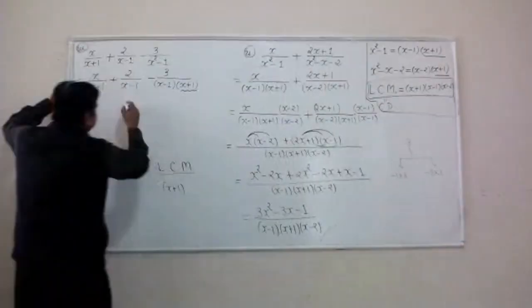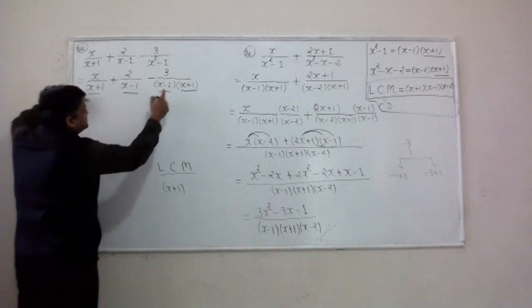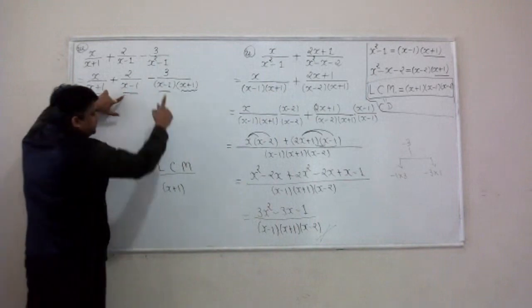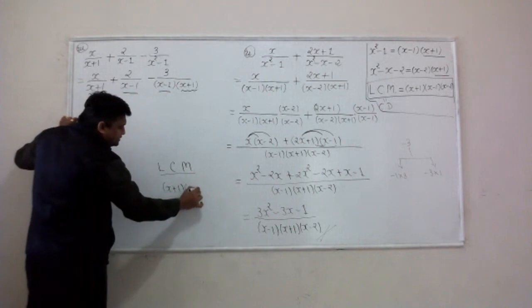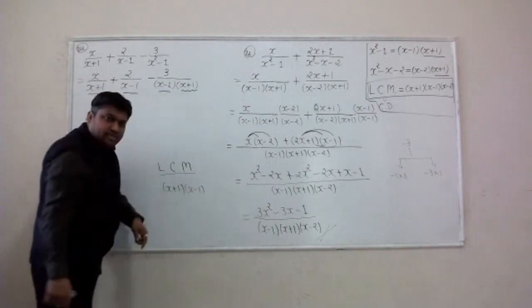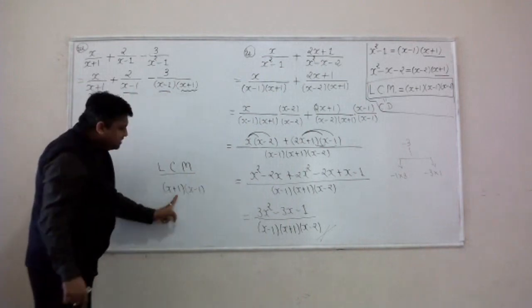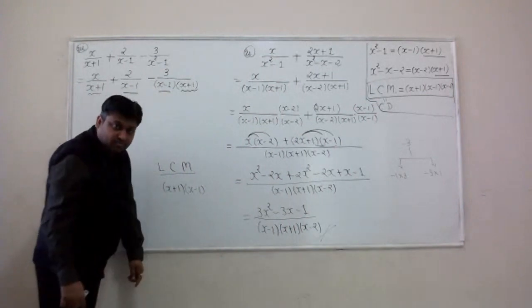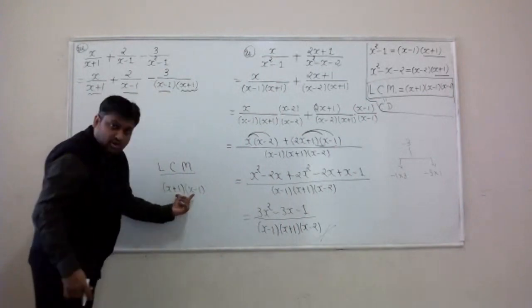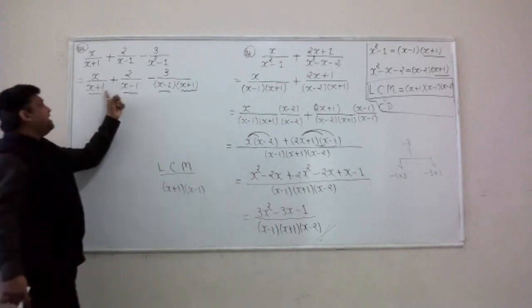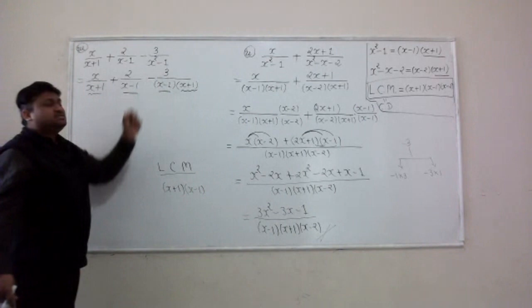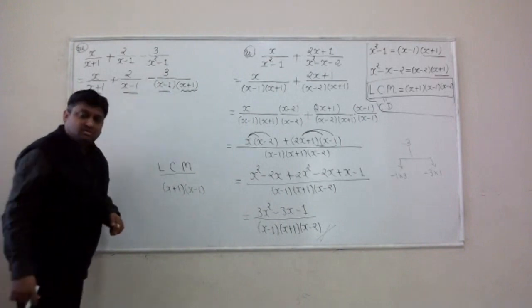Same deal with x minus 1 too. Look, x minus 1 repeats in the factorization of 2 denominators, so I must count it once as well. The least common multiple will be x plus 1 times x minus 1. This is what I want in the denominator of every single term to perform these addition and subtraction operations.